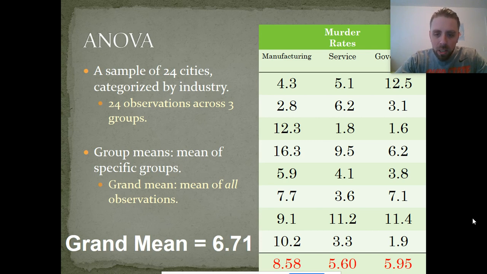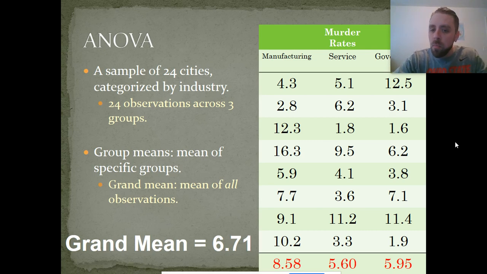There's a couple of questions that we're going to need to answer. First, how much does each manufacturing city's mean or rate differ from that group mean, right? How different is 4.3 from 8.58, just going down the manufacturing column here? How different is 2.8 from 8.58?